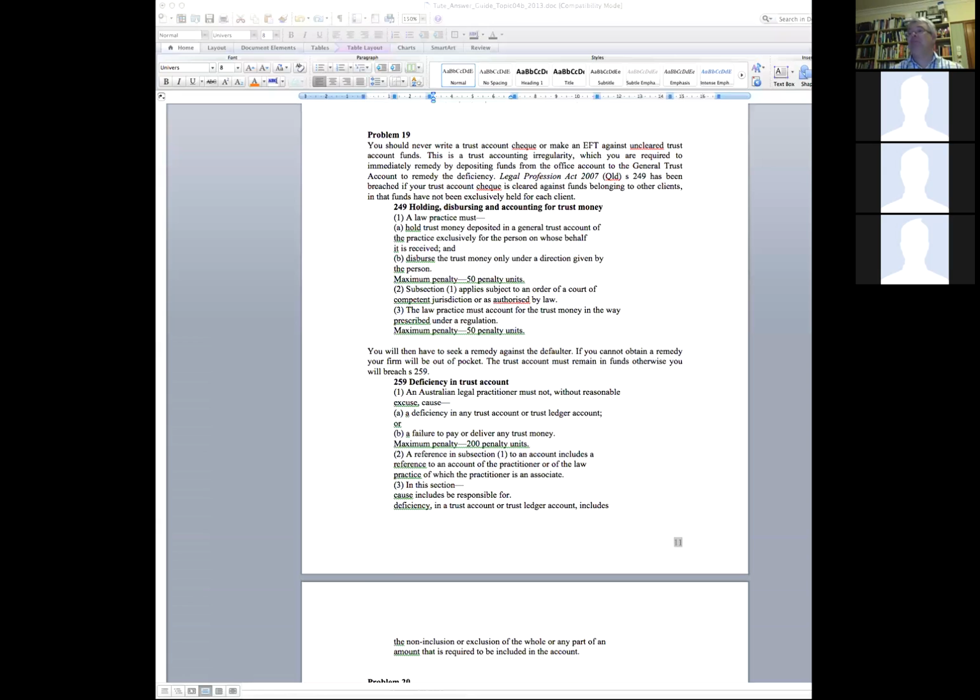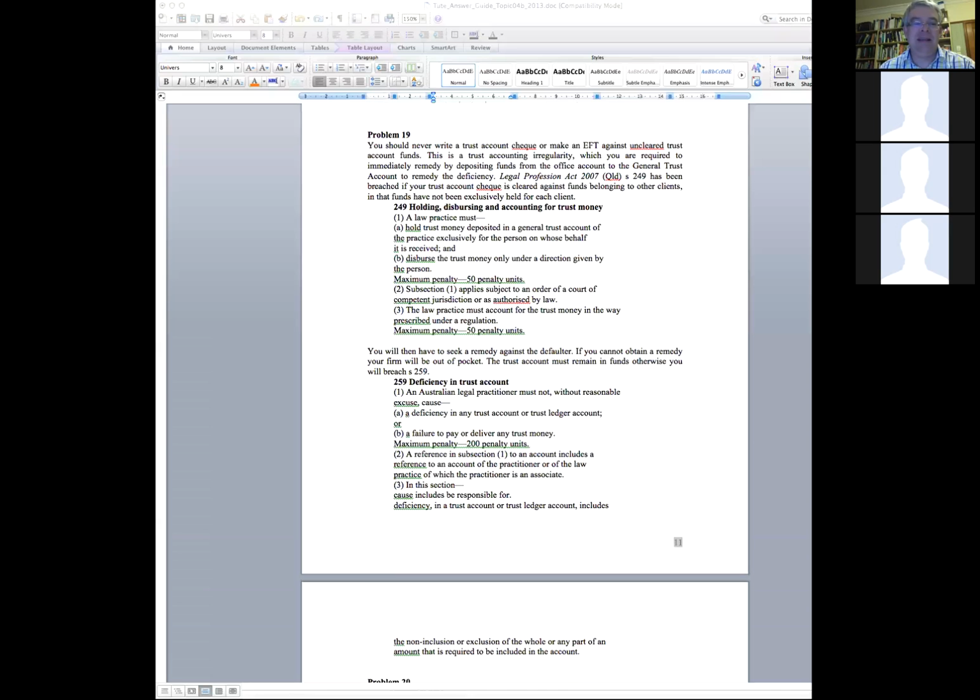The moral of the story is that you never write a check from the trust account against uncleared trust account receipts. And you can see what the consequences of that happen to be.